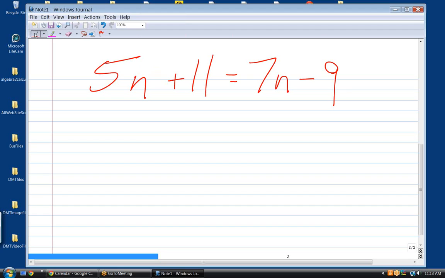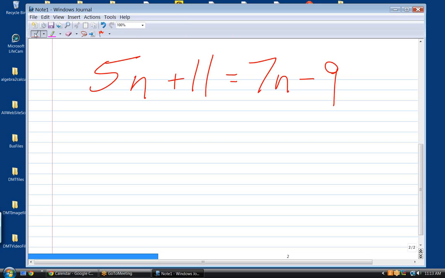Combine like terms. Okay, so what do we want to put on one side of the equation and what do we want to put on the other side? In other words, combine your n's. That's going to be 12. So should I just put 6 on each side?